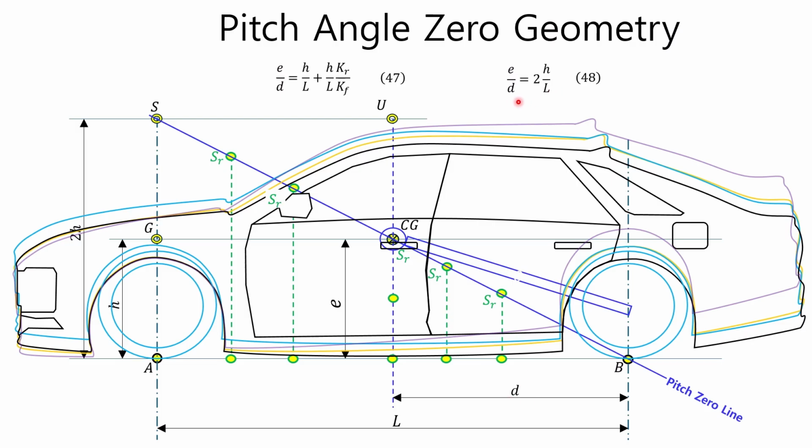Therefore, if the virtual reaction point, SR, of the rear suspension exists anywhere on the blue straight line shown here, the vehicle can maintain a zero pitch angle during braking.